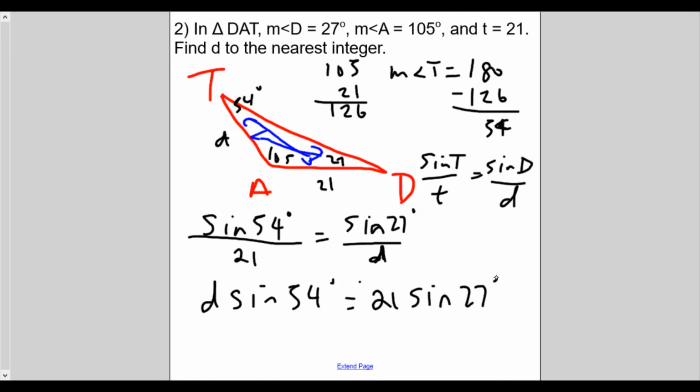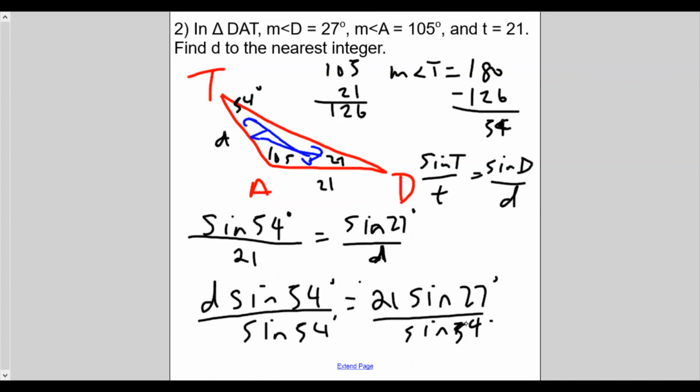Then we'll divide both sides by the sine of 54. Remember that the sine of 54 is a real number, and we can divide and multiply in the same exact way we normally do. Always remember when you're using angles to make sure you're in degree mode. So we do 21 times the sine of 27, divided by the sine of 54. Sorry, my handwriting is terrible. It looks like 34, but it should be 54.